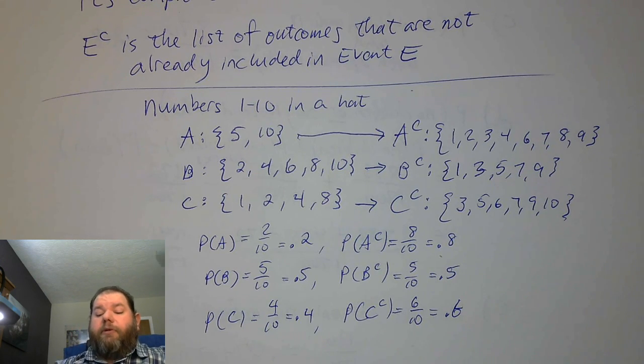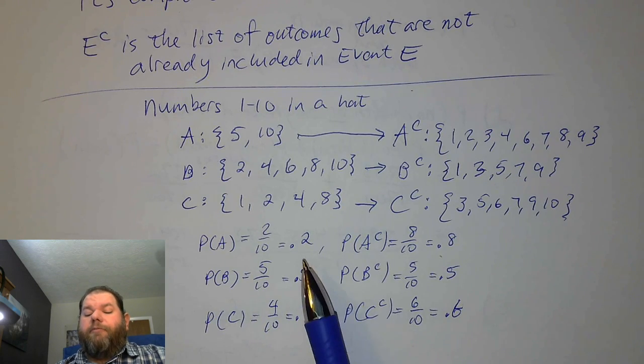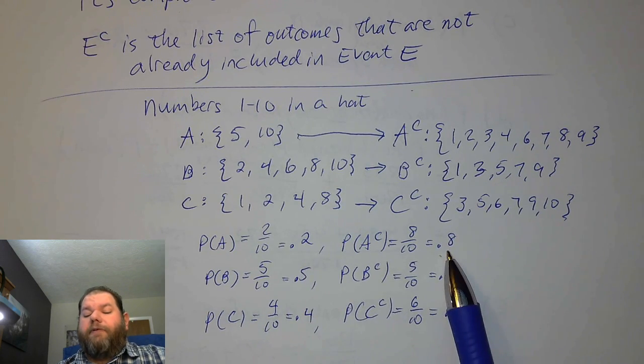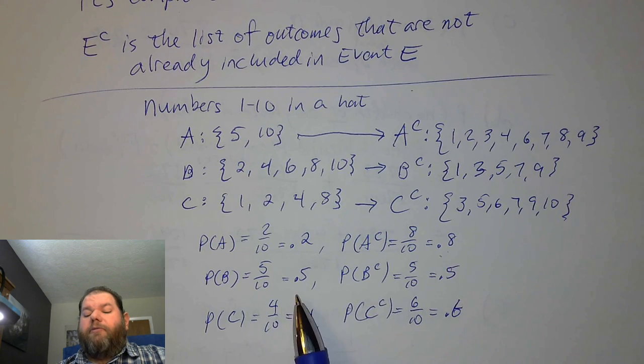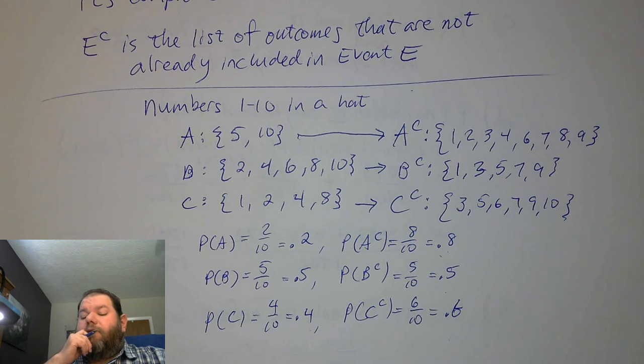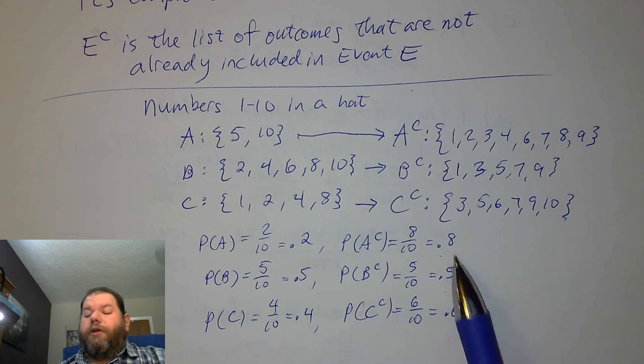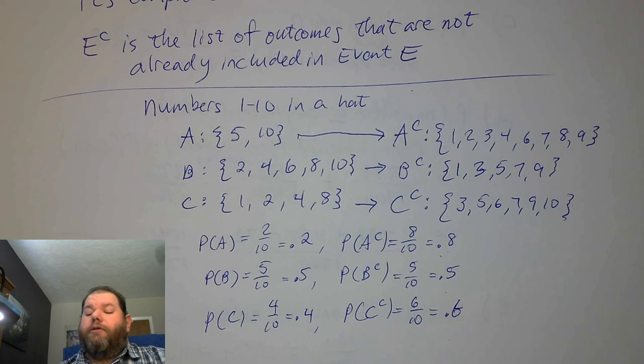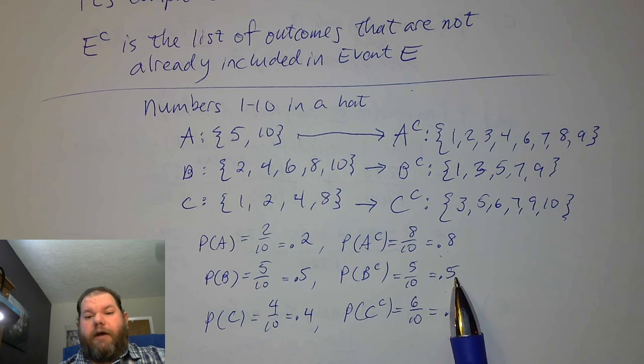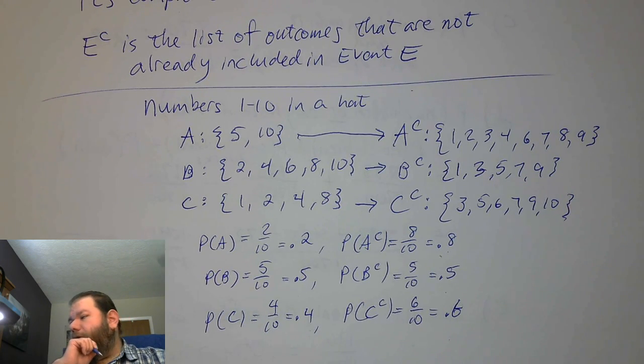Notice what happens when we add together the probability of A and the probability of its complement, probability of B and the probability of B's complement, and the probability of C and the probability of C complement. 0.2 and 0.8 is 1. 0.5 and 0.5, 1. And 0.4 and 0.6 also adds up to 1.